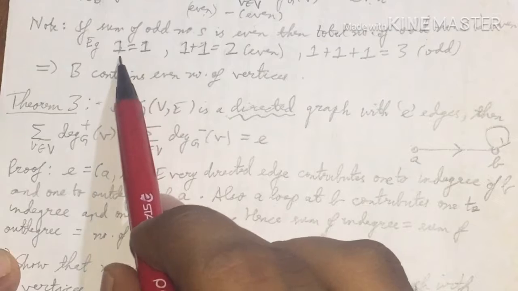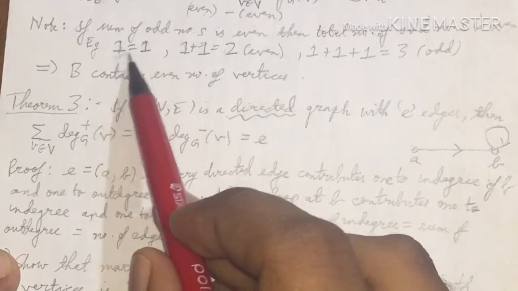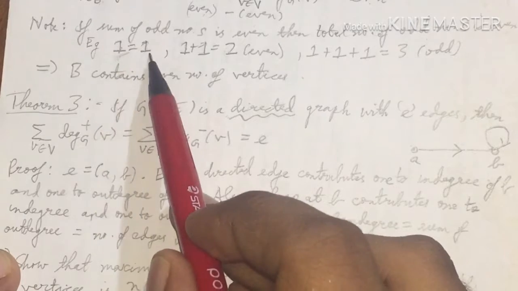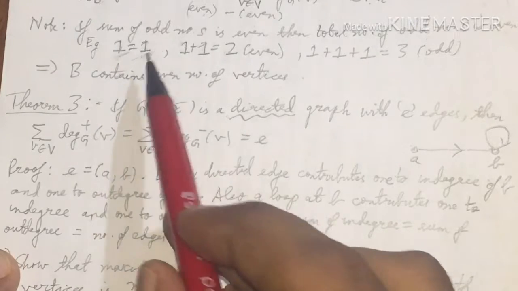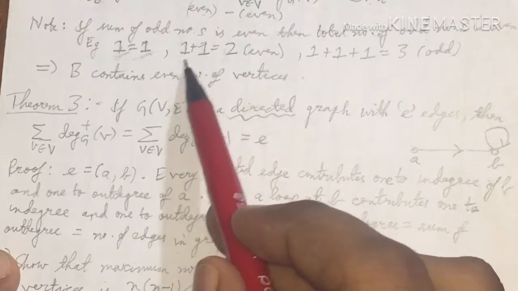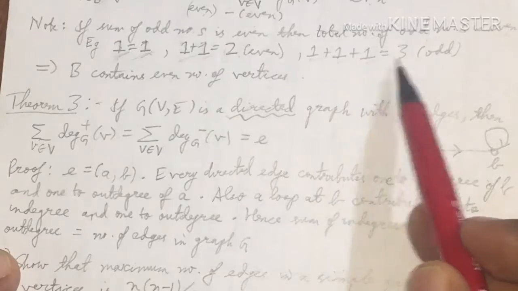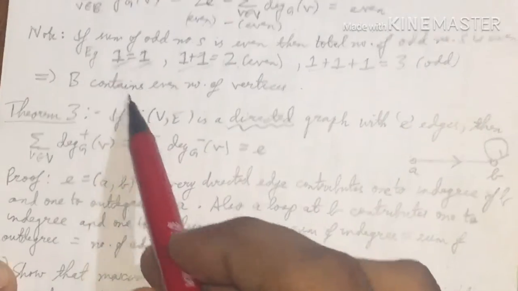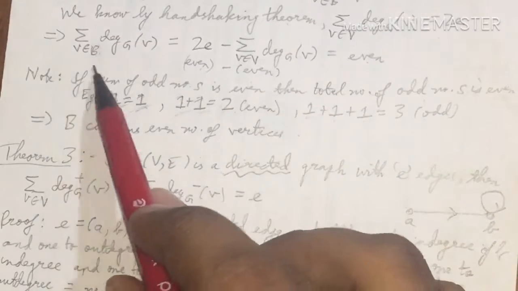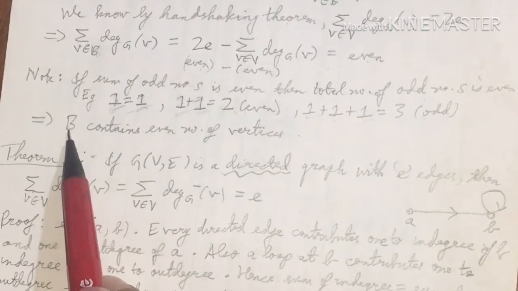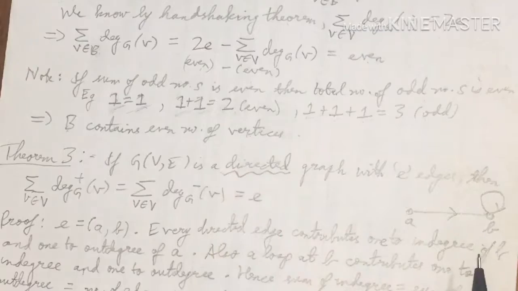So if we have this example, this has 1 odd number, so the sum is also odd. Sum of an even number of odd numbers is even. Sum of an odd number of odd numbers is also odd. So since the sum of the degrees of odd vertices is even, we know that B contains an even number of vertices.